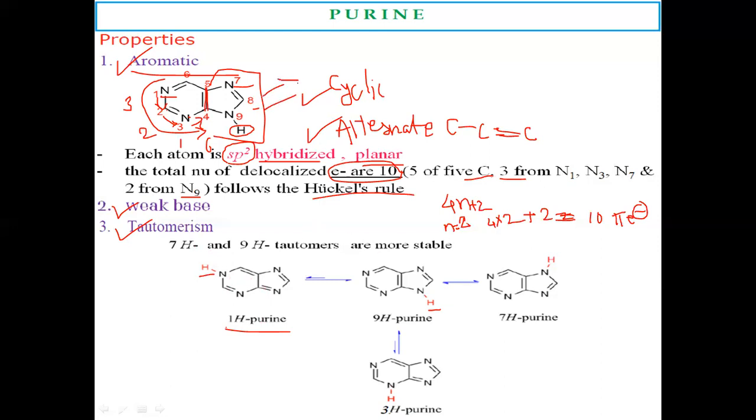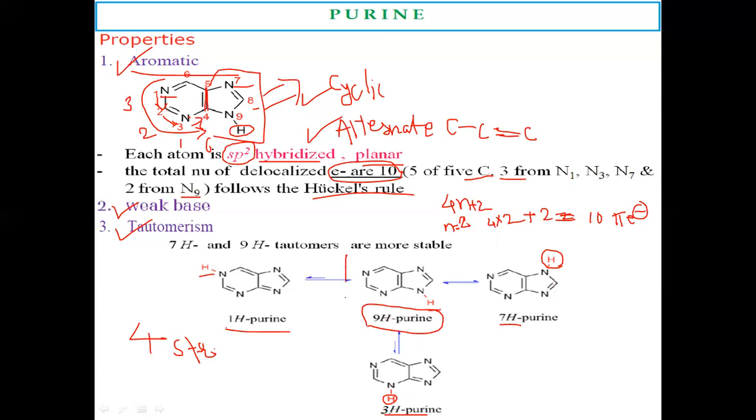This is the more stable purine structure, 9H. And after delocalization of electrons, shifting of hydrogen towards the 7 position makes 7H and 3H. In total, 4 tautomeric structures are formed.